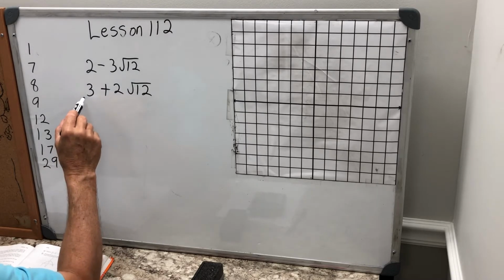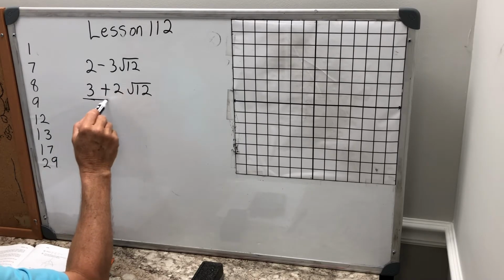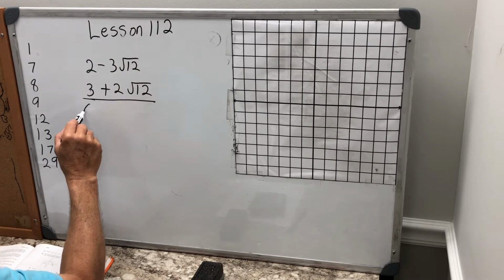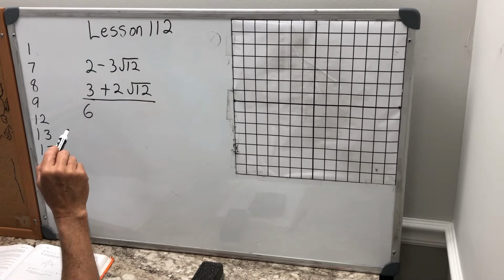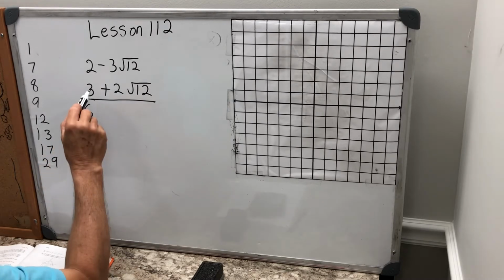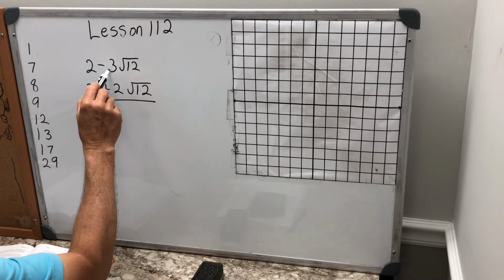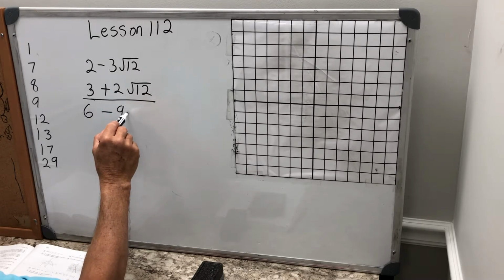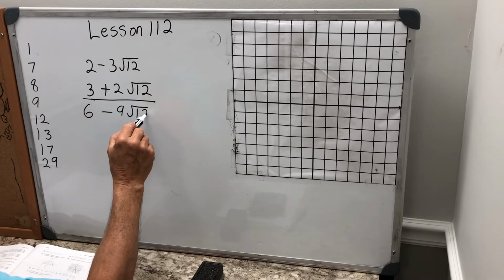We'll start right here. 3 times 2 is 6. 3 times -3 is -9 to the square root of 12.